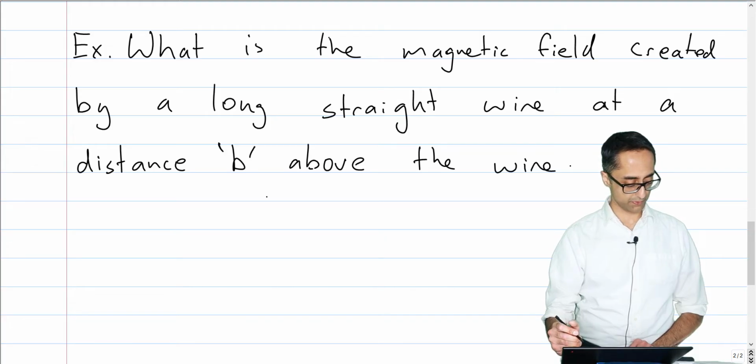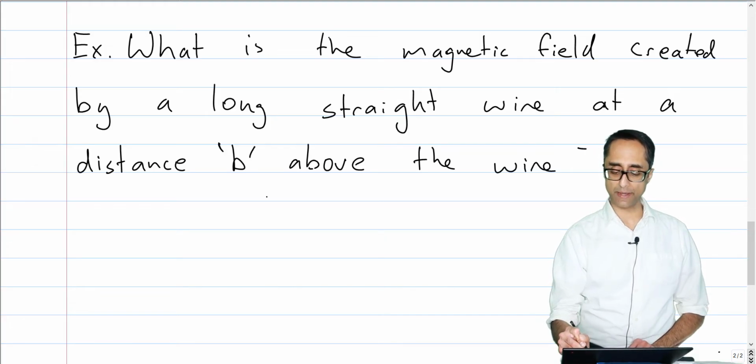And let's give a current here. The wire has a current I to the right.